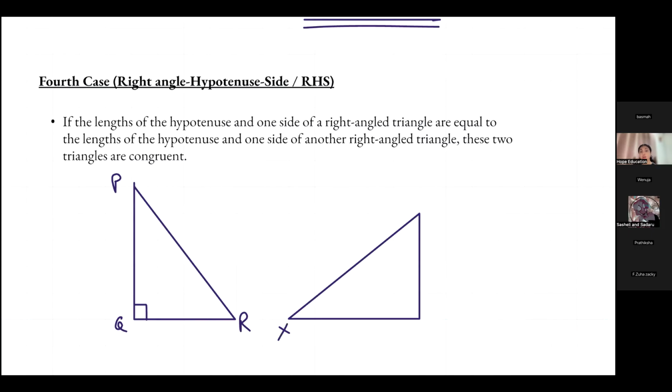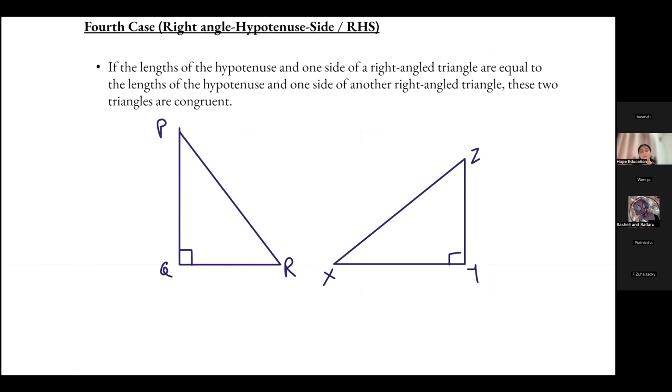This also has a right angle, so it's a right angled triangle. Let's say the side PR is equal to XZ, and also, let's say QR side is equal to YZ.